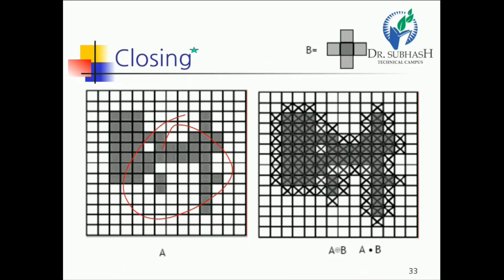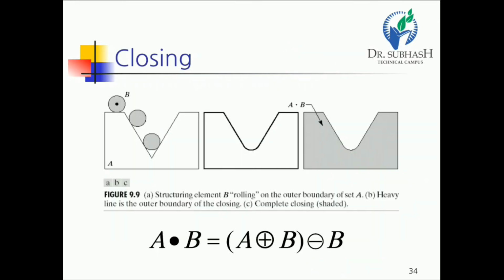This is the set A, this is the set B, and for closing, first we perform the dilation of A with respect to B, and the resultant is A closing B. Another example of closing: this is the set A, this is the set B, and B is the structuring element, the smaller part of this image. First we find A dilation B, and the resultant gives us the closing A closing B.